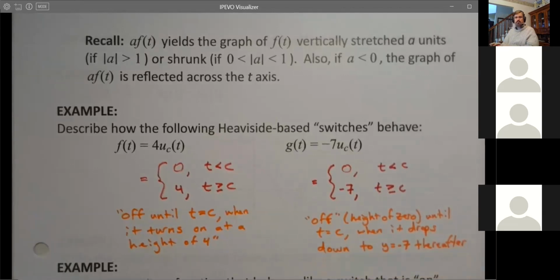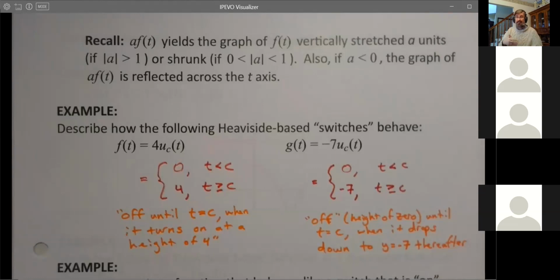So oftentimes we use the language of a switch, on and off. But on and off are really just user defined. If you want to call 0 on and then off is -7, you can call it that if you want. And of course, those of you who have played around with things like electricity have some sense of how this might be useful.